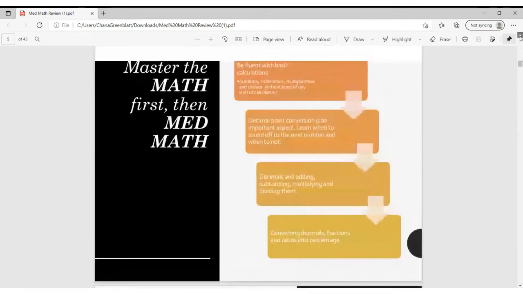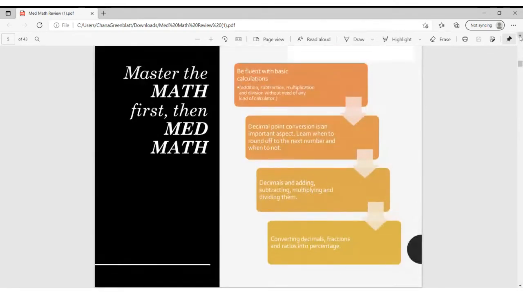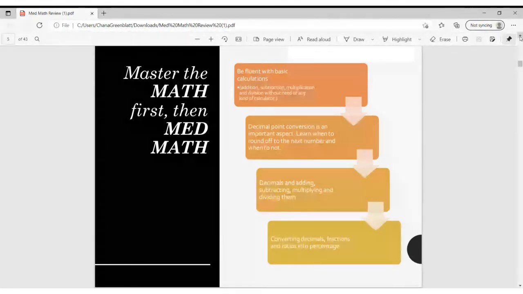Just to be mindful, you will need to be able to perform a lot of these equations without the use of a calculator. And so knowing how to round or how to tackle multiplication or just simple addition and subtraction, you might need to brush up on those skills because there are no calculators allowed.